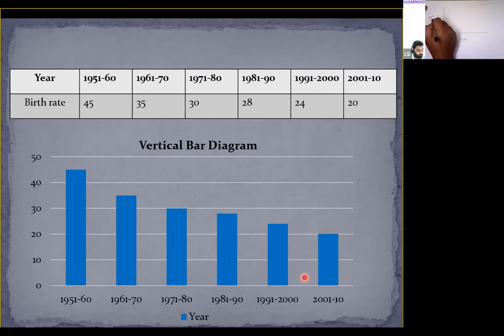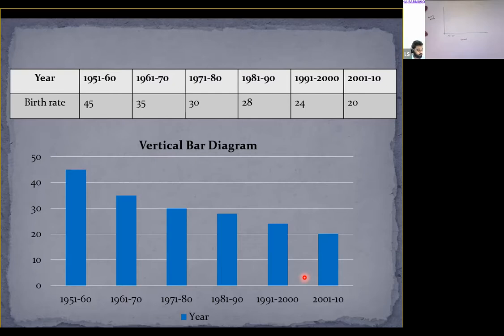Birth rate in different years. So data starts from the year 1951 to 1960. The birth rate for this year is 45%, then 35, 30, 28, 24, 20.